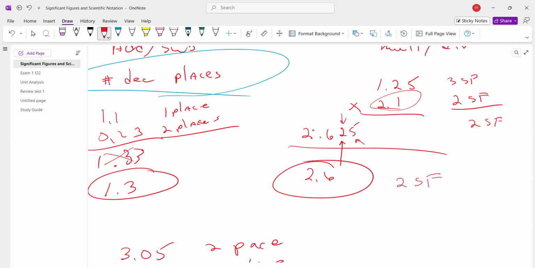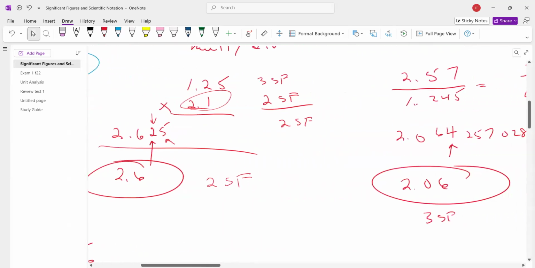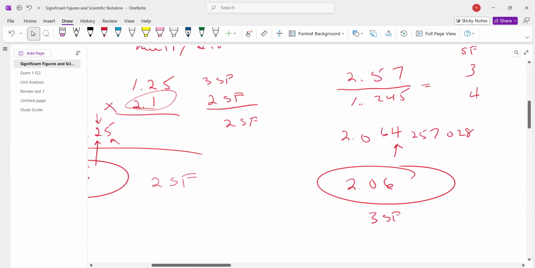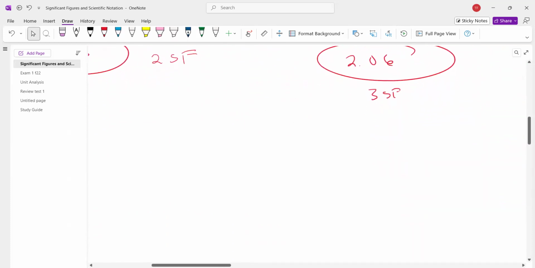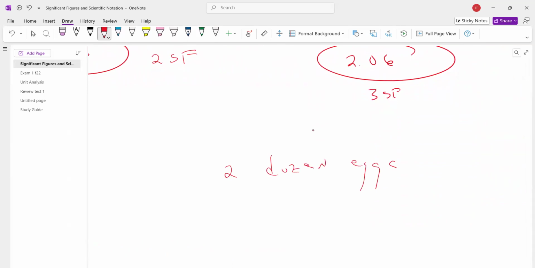So if we multiply 2.1 dozen eggs, to multiply that you go 12 times 2.1, right?